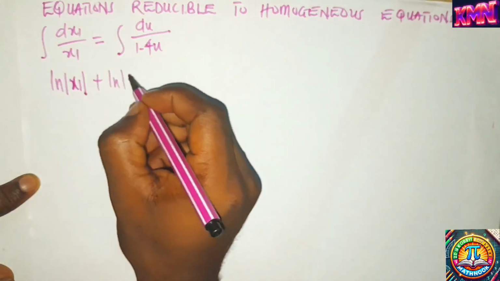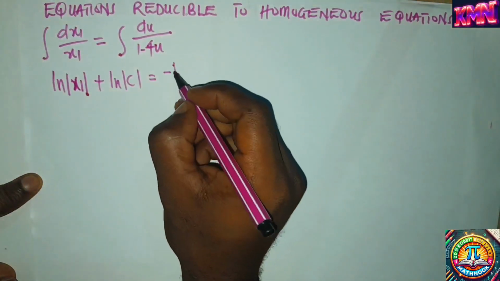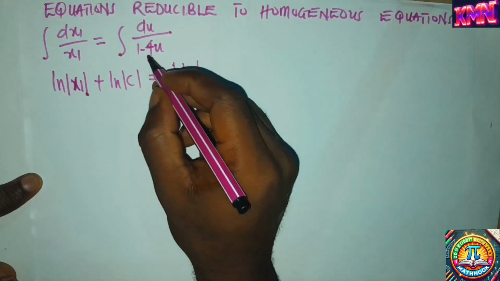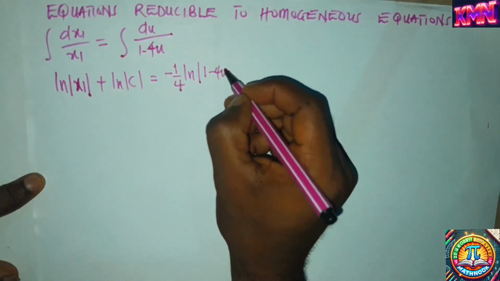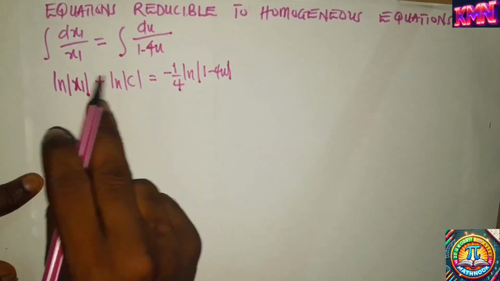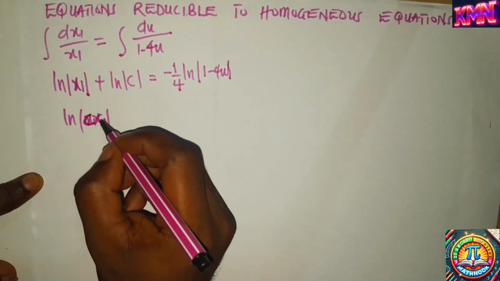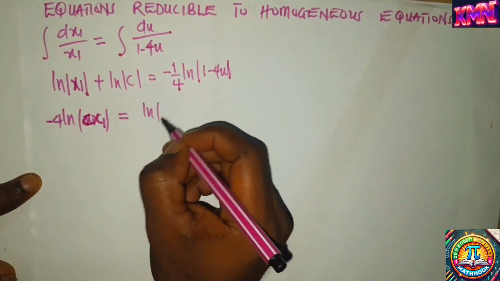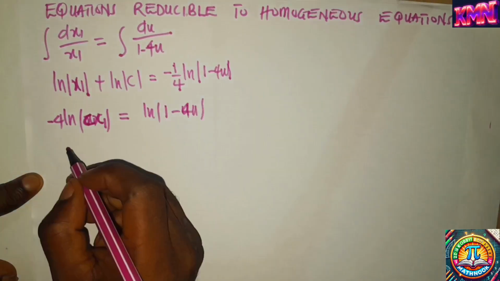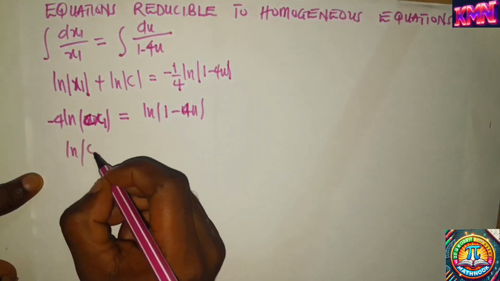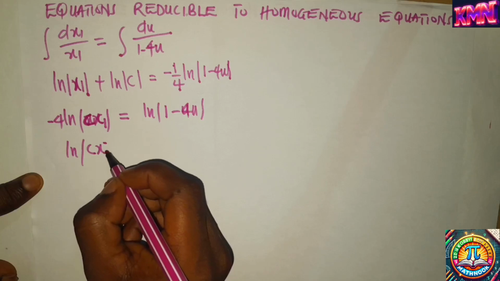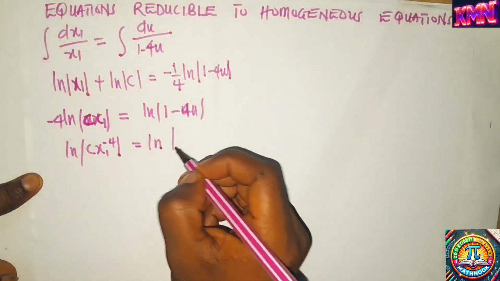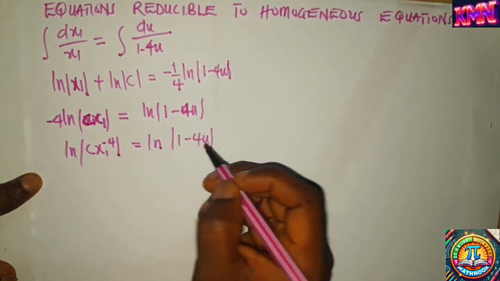Let's add the ln c to this side, so we have ln x1 plus ln c equals negative 1 on 4 ln of the denominator 1 minus 4u. Moving the negative 4 to this side and putting this together, we are going to get ln cx1 times negative 4 equals ln 1 minus 4u, of which we can get ln cx1 power negative 4 equals ln of 1 minus 4u.